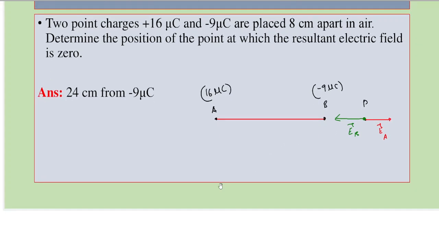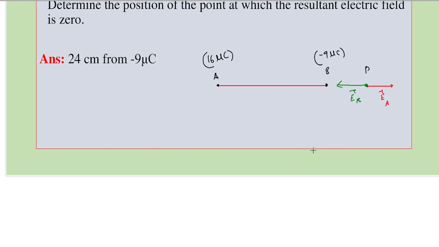So we'll assume this as the point P, and the distance from point B to point P we call x. So the distance from point A to point P would be x plus 8 in terms of centimeter. Remember that x is in centimeter and this also is in centimeter only.